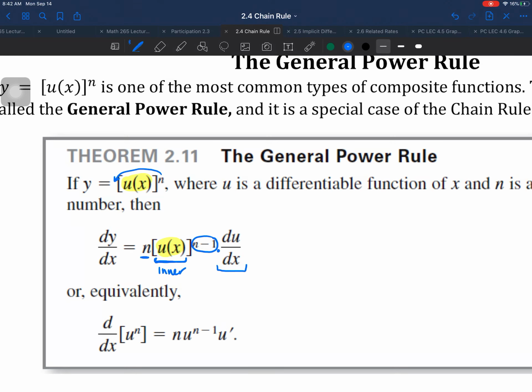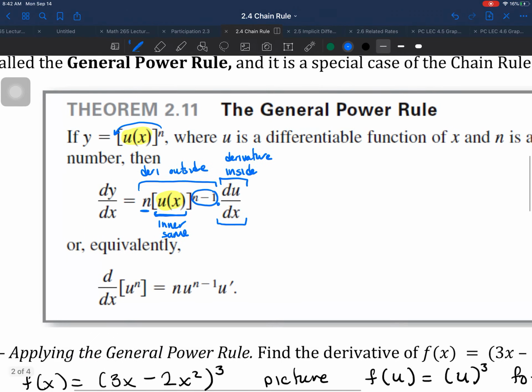So here is where you take the derivative. If you notice, we took the derivative of the outside, leaving the inside, the inner, the same, and then multiplying at the end by the derivative of the inside, or the inner. So that's the name of the game.